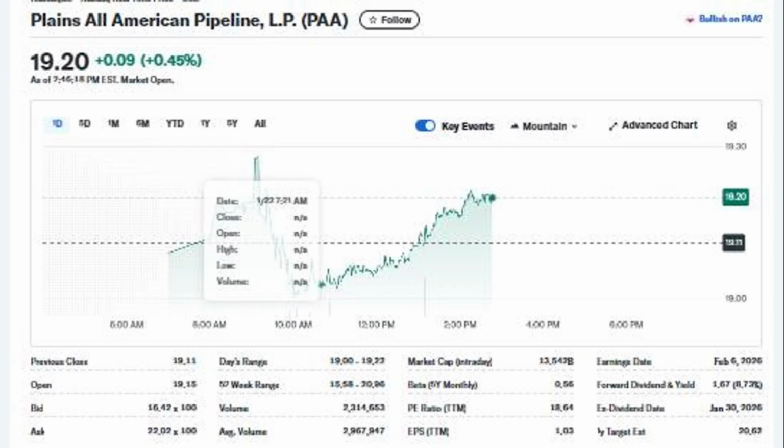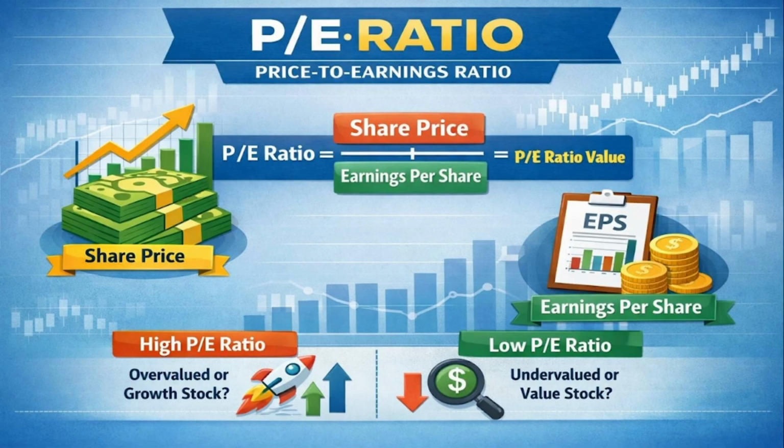Today, I will walk you through six essential stock valuation ratios that investors use to evaluate a company's value, profitability, and growth, step by step with simple explanations using PAA values as an example. The price to earnings ratio tells you how much investors are willing to pay for $1 of a company's earnings.